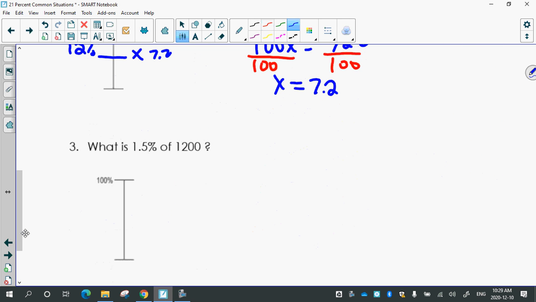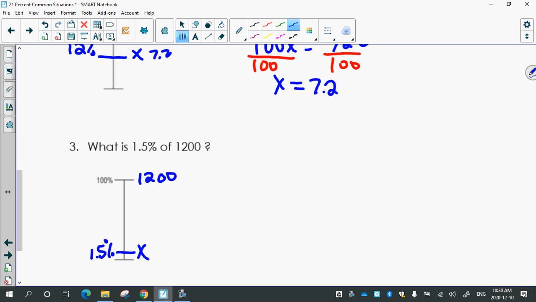What is 1.5% of 1,200? So 1.5% is really small. So right near the bottom. So you should be able to make your proportion.